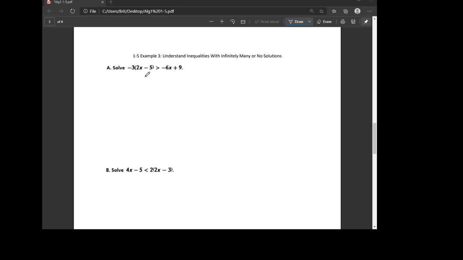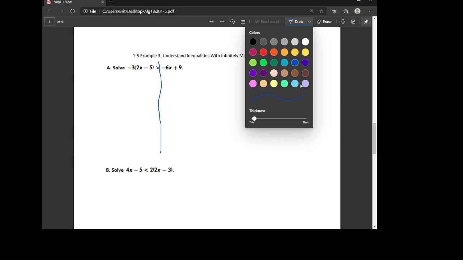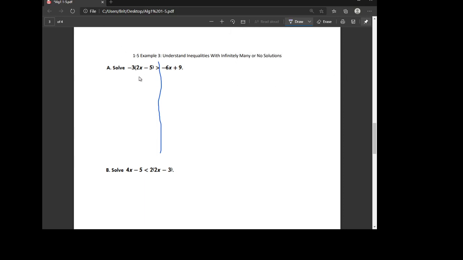So I start this out the same way that I would start with any equation. I'm going to put my river, and I want to get everything with a variable on one side and everything without a variable to the other side. So my first thing, before I shift anything around, is to get rid of my grouping symbols.